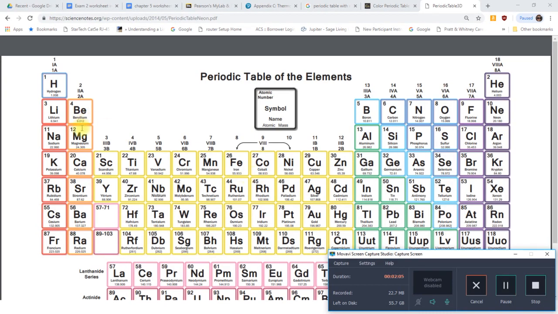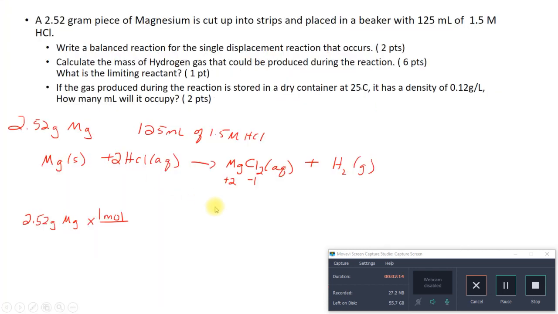So the weight from the periodic table, I don't have the exact copy, you guys do on this computer, so I'll just use the internet, but magnesium is 24.305 on here, and so that number is grams per mole, but in this case I want to put the grams on the bottom so that it will cancel and I get moles from that.